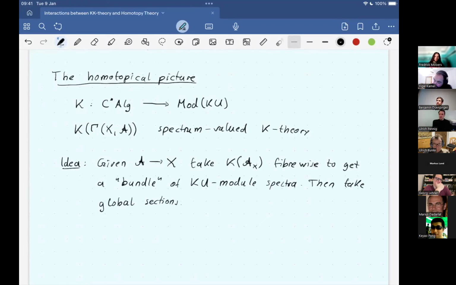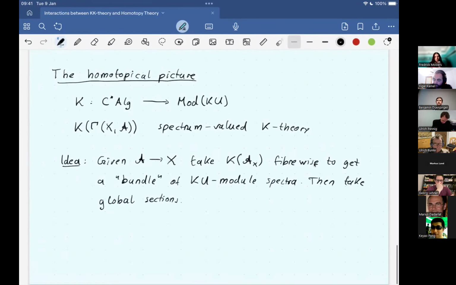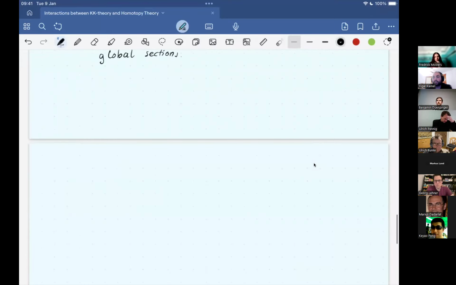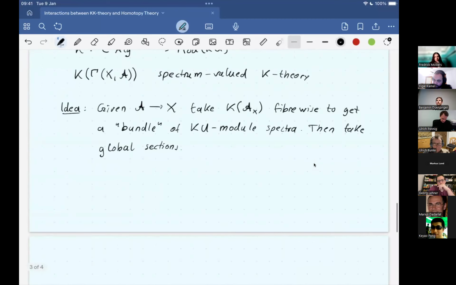So the question is, how do you make this precise? Because you have to be very careful with this. People have worked with this a few times in the literature. There's a paper by Ando, Blumberg, and Gepner where they developed this in the context of infinity categories in a slightly different way than I'm going to present it.